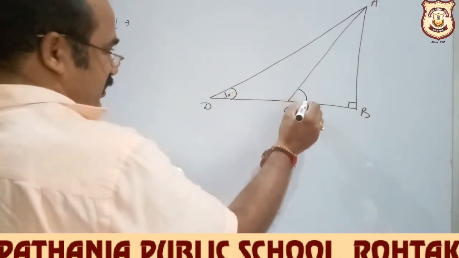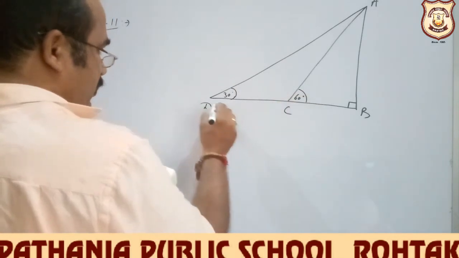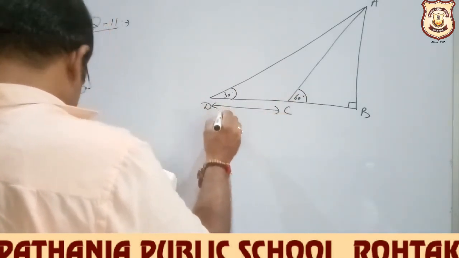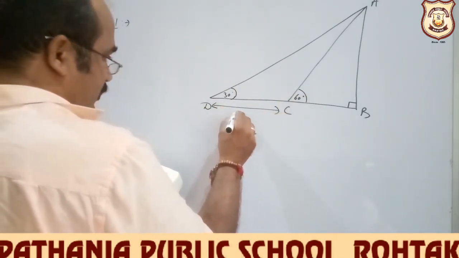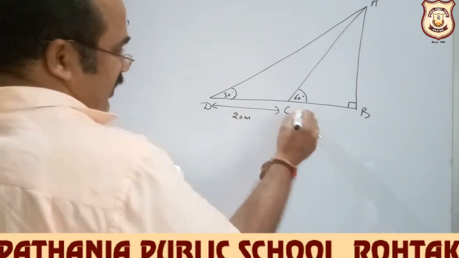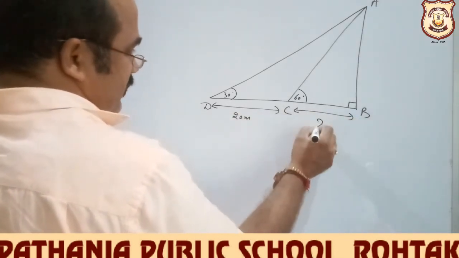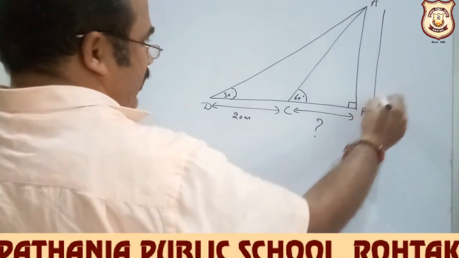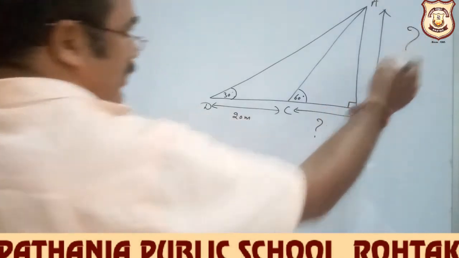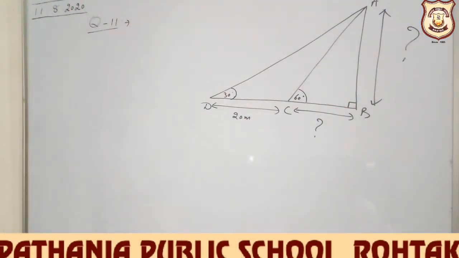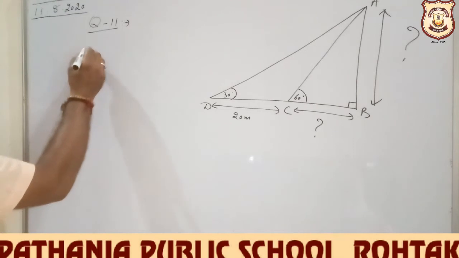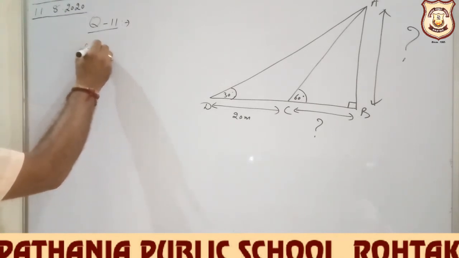This one is 60 degree. This one is given 20 meter. They are saying find the value of this and find the value of this. Like this we will solve. See students, you can start according to the question.